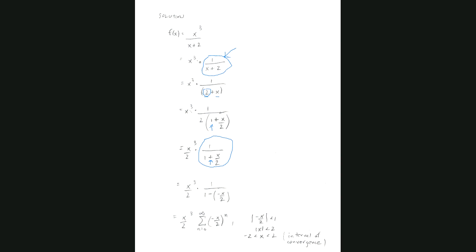Negative x over 2 is my Apple. So I can rewrite my rational function as this power series, n equals 0 to infinity of negative x over 2 to the nth power, which is the Apple to the nth power.